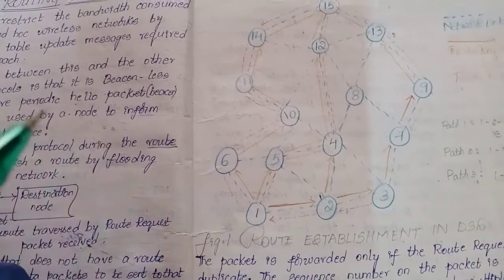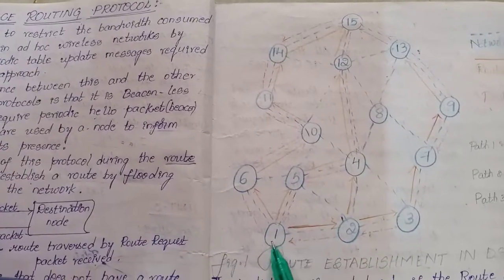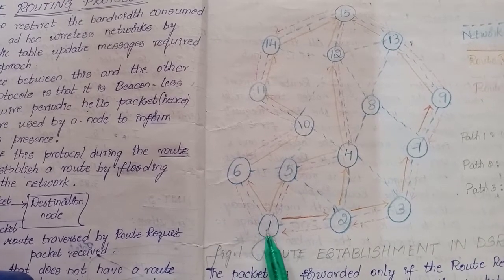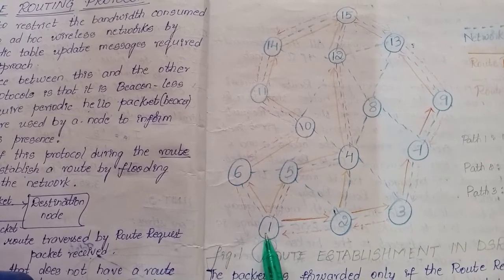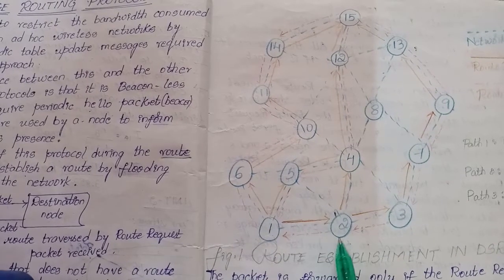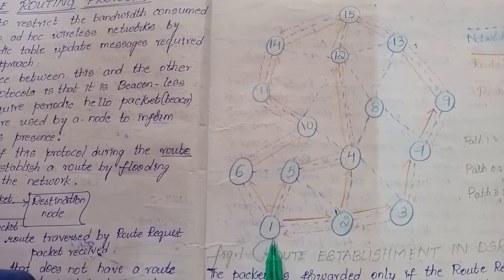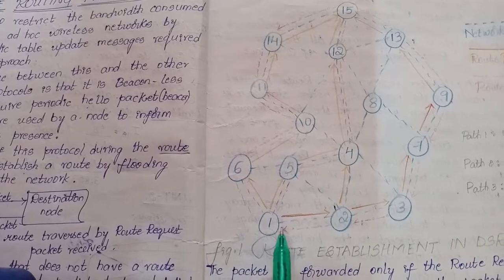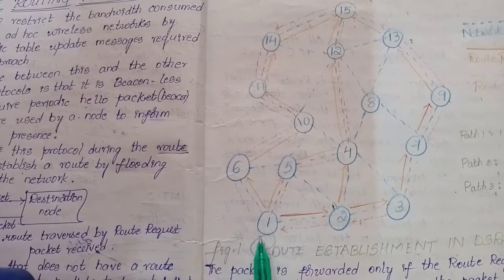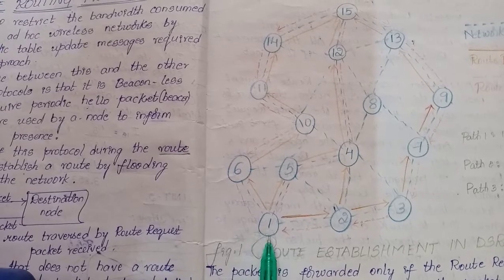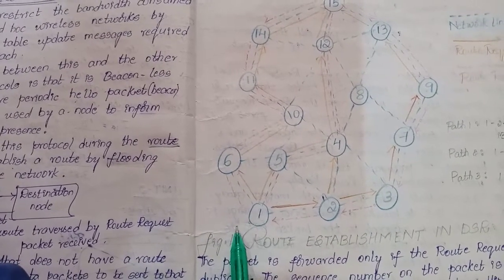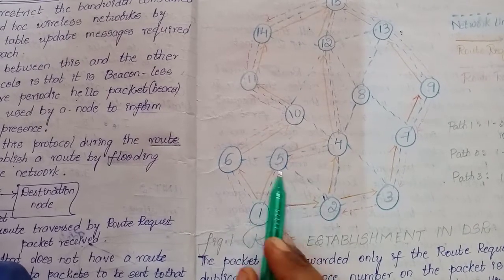Consider this. Here, let us consider this is node 1. Flooding means node 1 will send a route request or any other packet at a time to its neighboring nodes. Flooding means a source node or any other node will send its packet at the same time to more number of nodes.